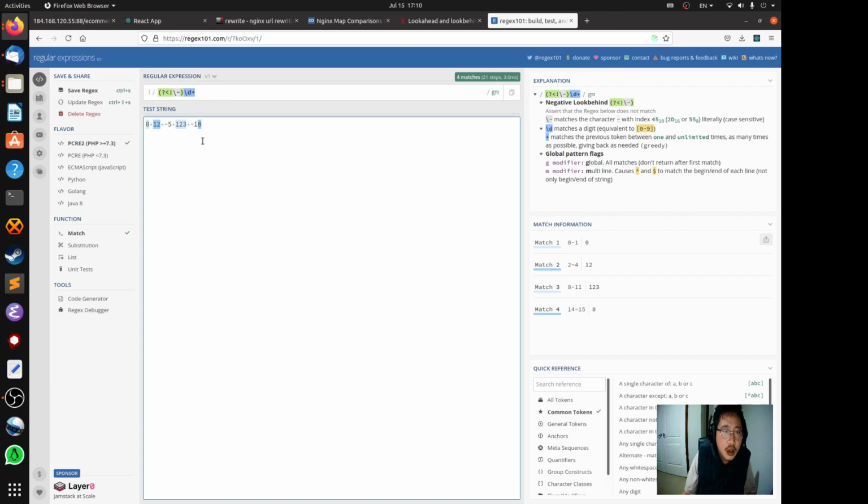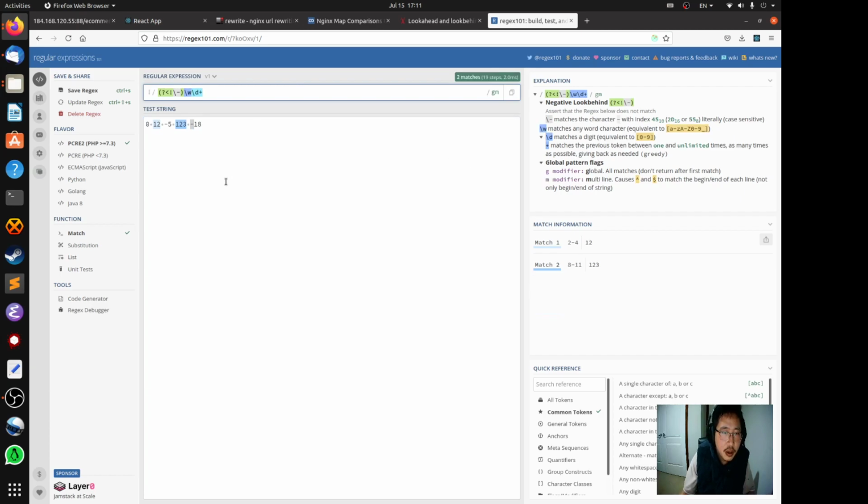And from this boundary we are looking back to see if there is no negative sign, and there is a negative sign. So if you put this back in, this disqualifies minus 18.